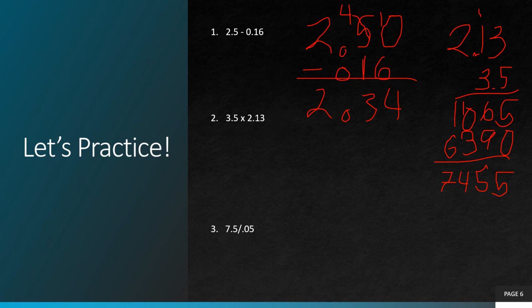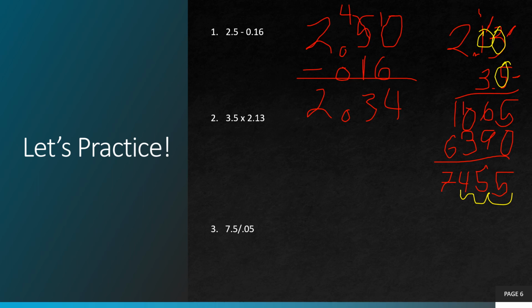And now if we go back up to the top, we'll see we have 1, 2, 3. Here, let me go over that in a different color so that we can see it. We have 1, 2, 3 numbers to the right of the decimal place. And so then we're going to go in 1, 2, 3 places.